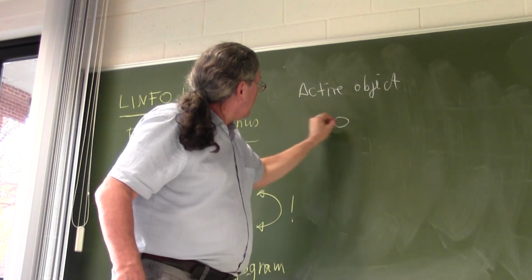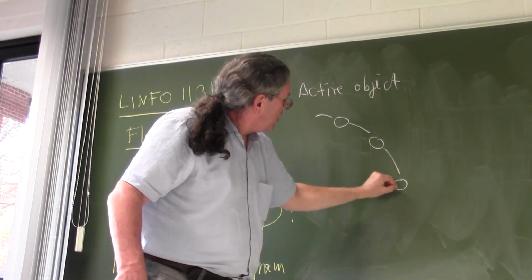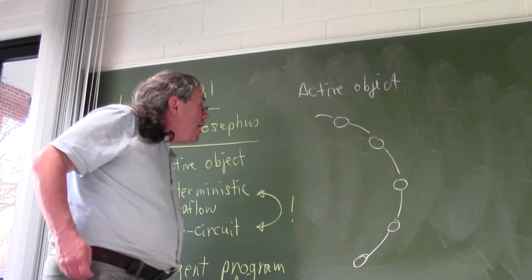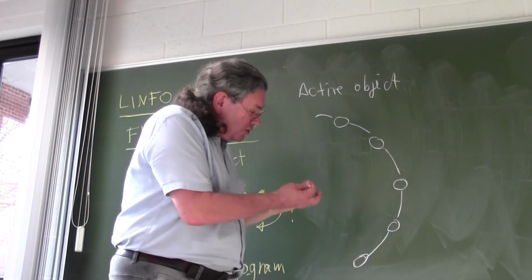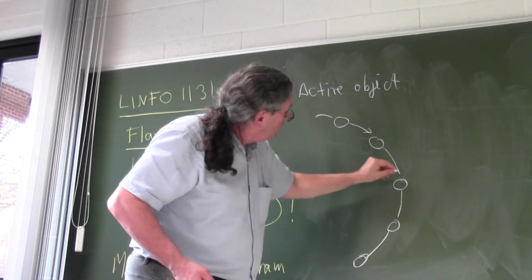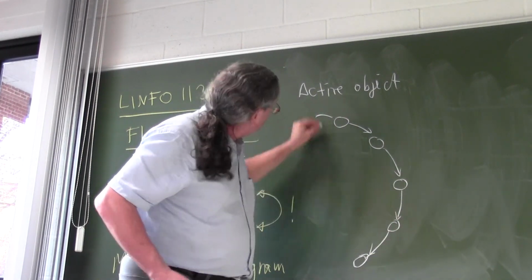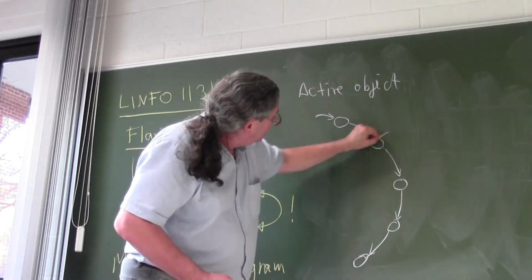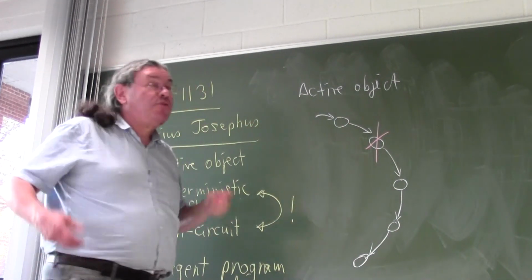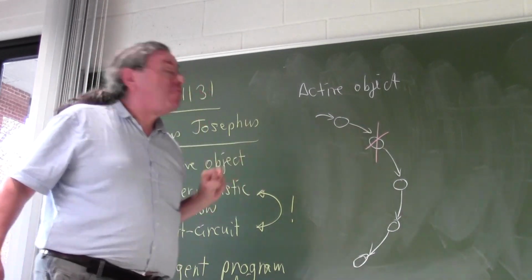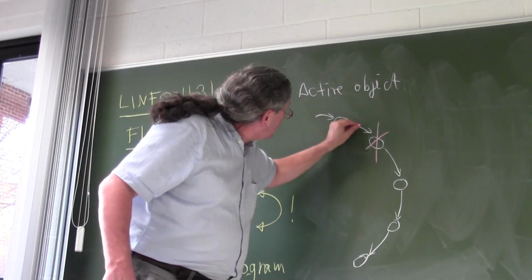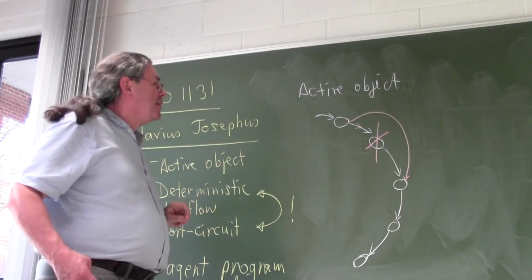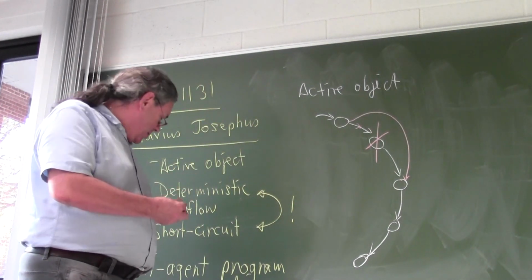I have the ring. Let me just draw a piece of the ring here. Now assume this guy dies. And these are successor pointers. Each object points to the successor. Now assume I kill this guy. I want to repair the ring. I want to remove it from the ring. Basically, I have to change this successor pointer to point to that one. How do I do that?